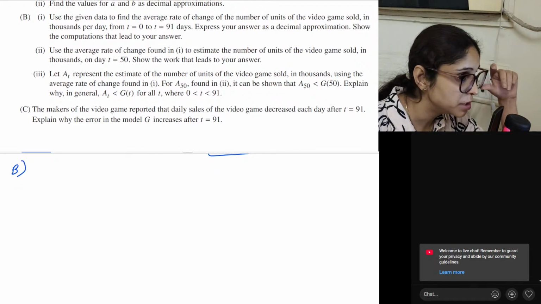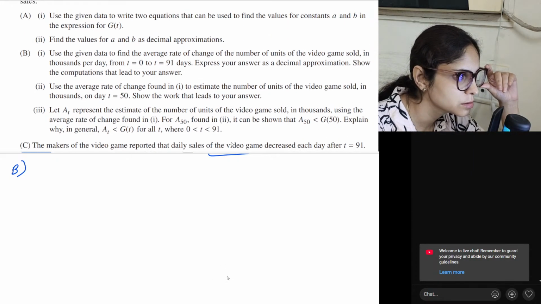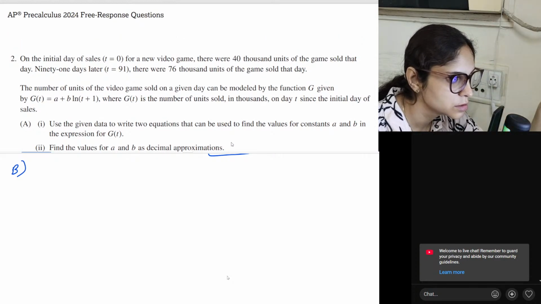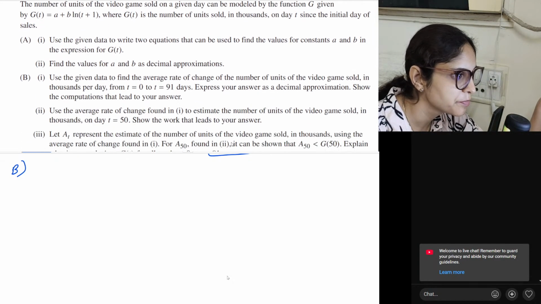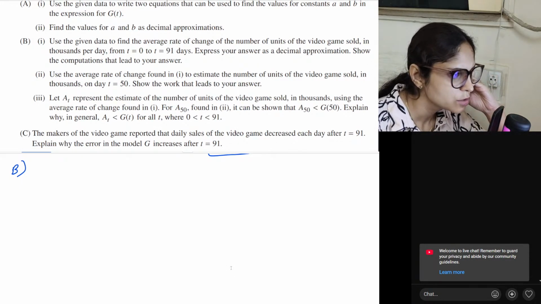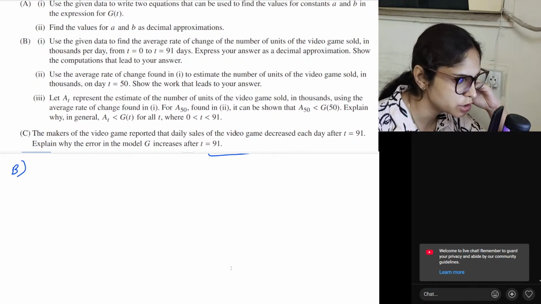So now in B part, I just want to see the equation. A plus B ln T plus 1, A 0, 92. Correct. So we have to find average rate of change from T is equal to 0 to T is equal to 91.